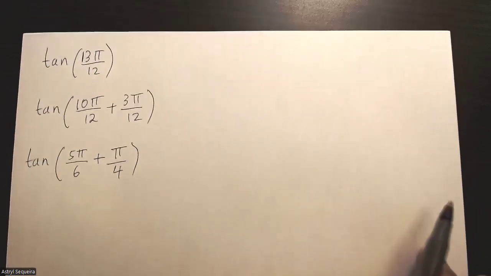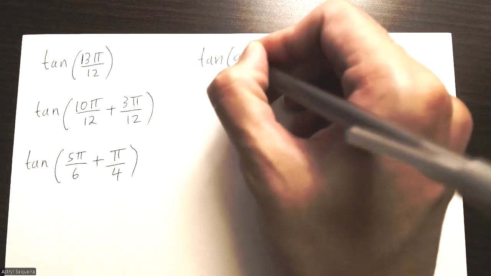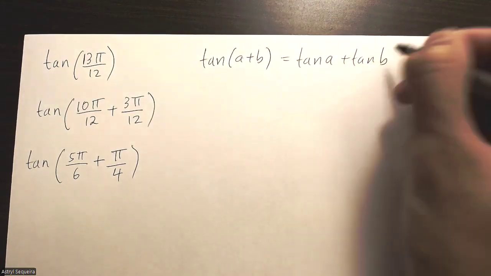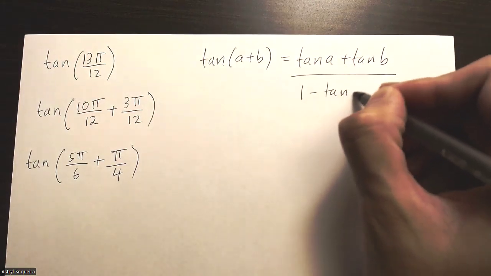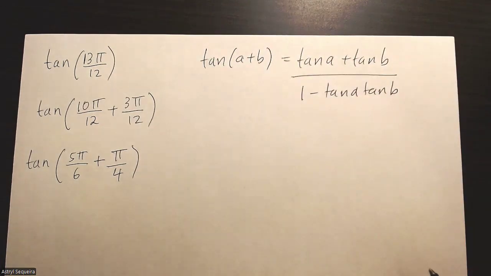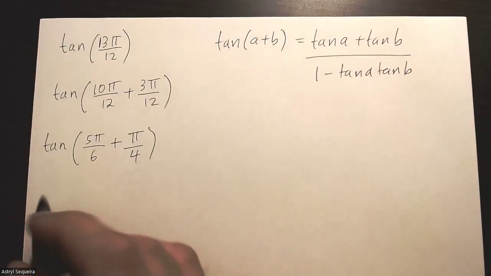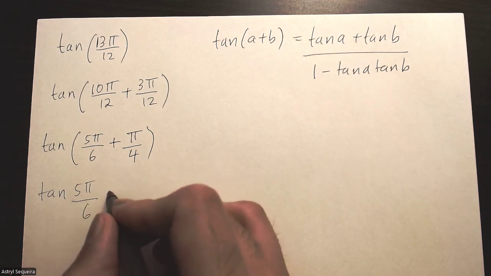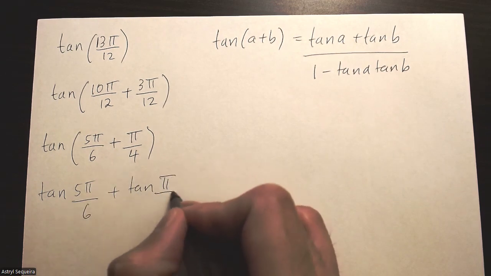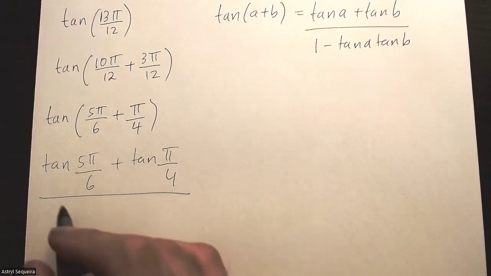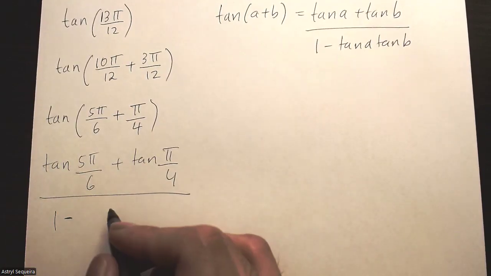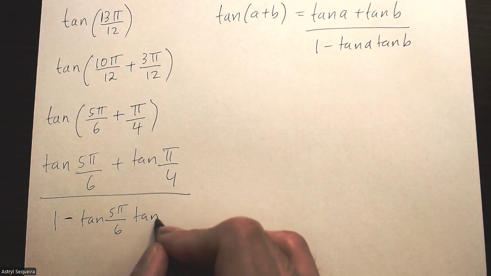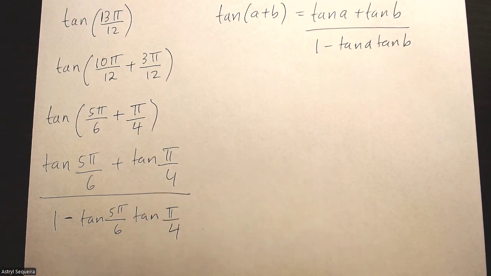Now I can use my compound angle equation. Tan A plus B equals tan A plus tan B over 1 minus tan A tan B. So in this case, it's just going to be tan of 5 pi over 6 plus tan of pi over 4 divided by 1 minus tan 5 pi over 6 times tan of pi over 4.